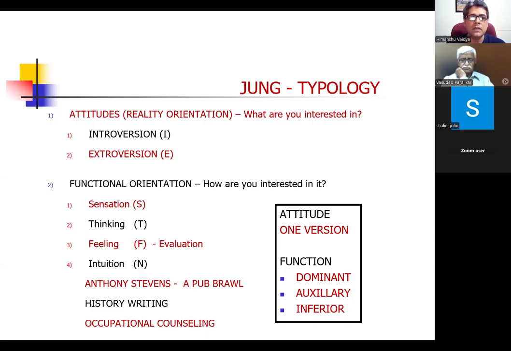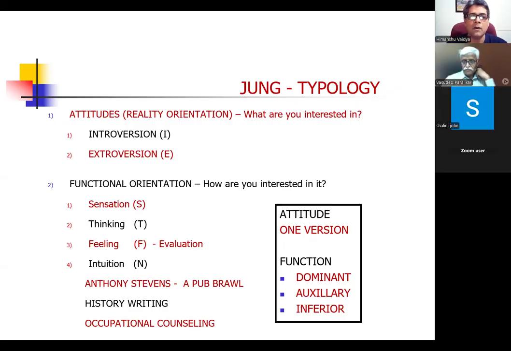Then Jung uses four functional orientations to divide each of them further. And the functional orientation means how do you use your faculties. The first one talks about which area of reality interests you more, inner world or outer world.